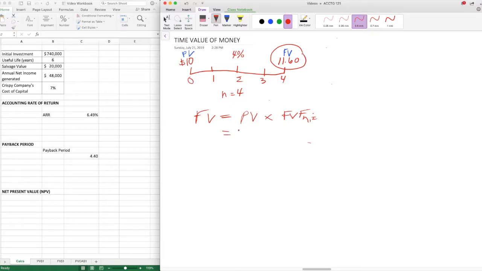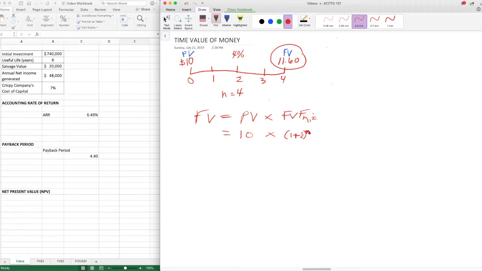So in our case, the present value here is 10 bucks. The future value factor is going to be 1 plus the interest rate, to the power of however many number of periods there are.